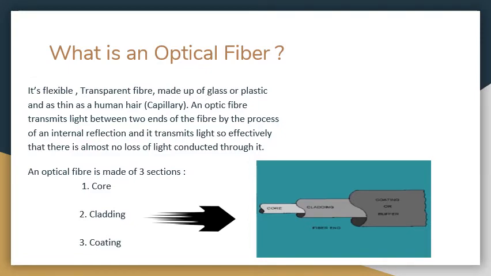And we have a picture here to show the three sections of an optical fiber. The first one is the core, the second is cladding, and the third one is coating. Also, it can be named the buffer.